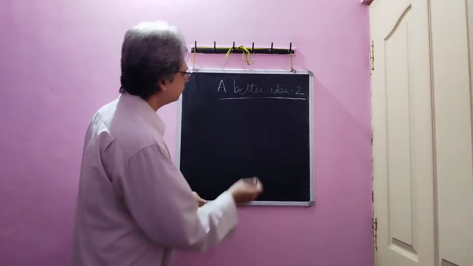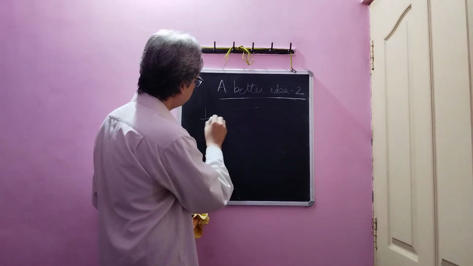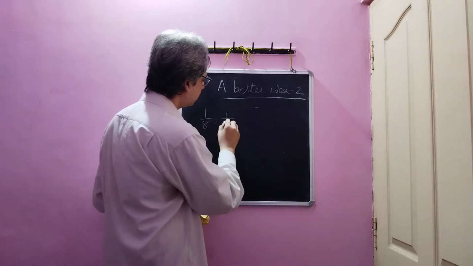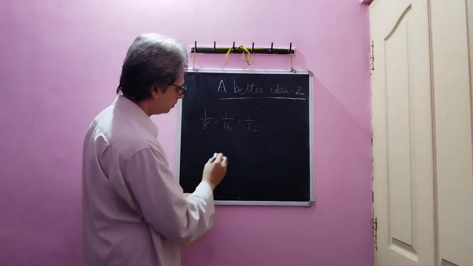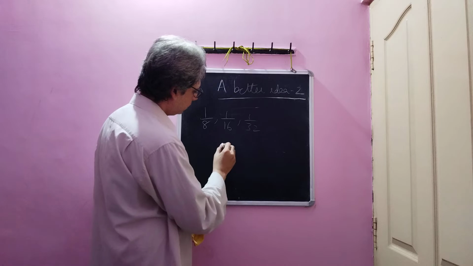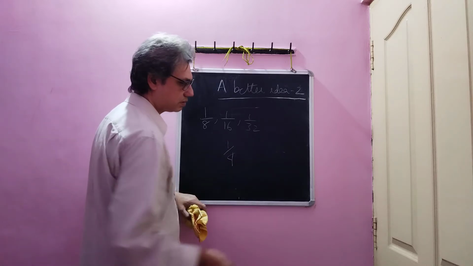But again, I bring to your attention that if you add up the sequence 1 by 8, 1 by 16, 1 by 32, this GP series, you will get a value close to 1 by 4, which is the distance there.